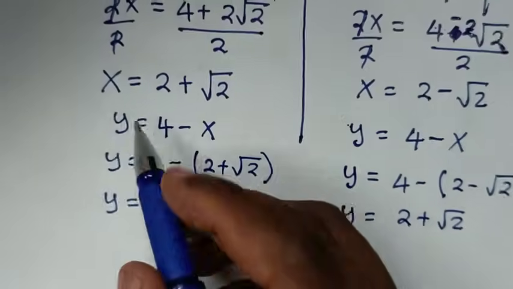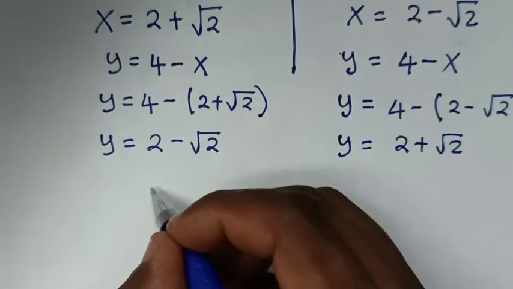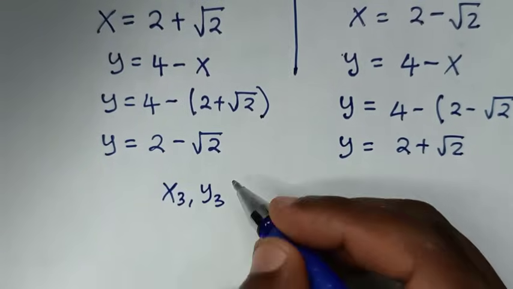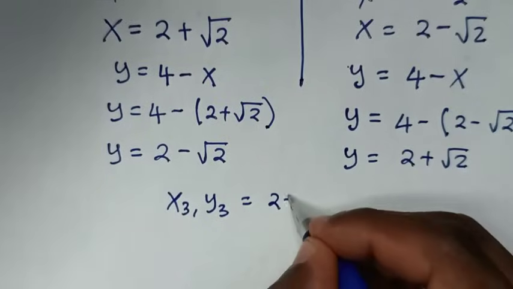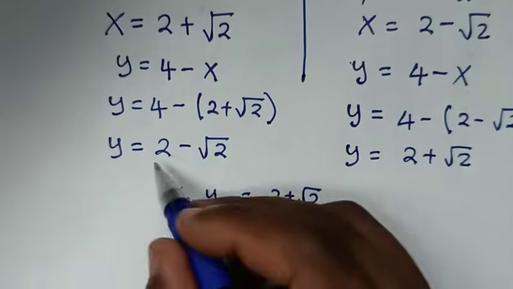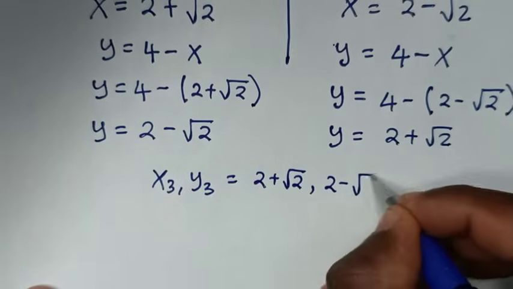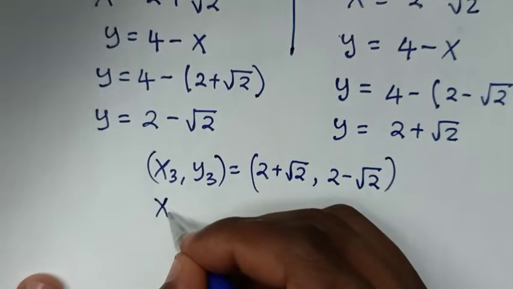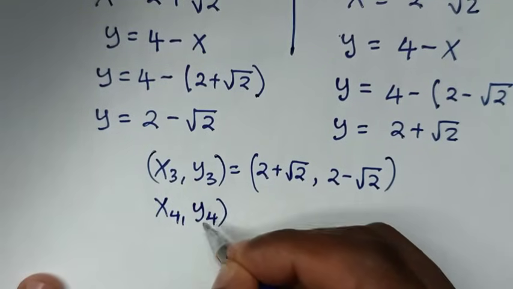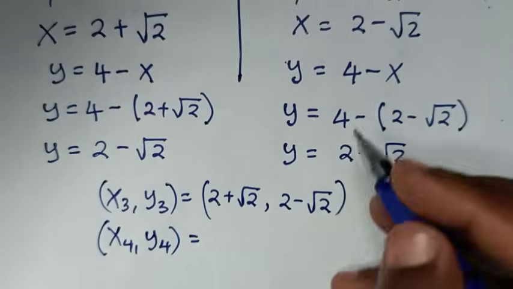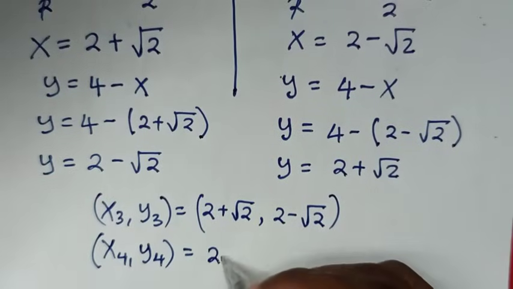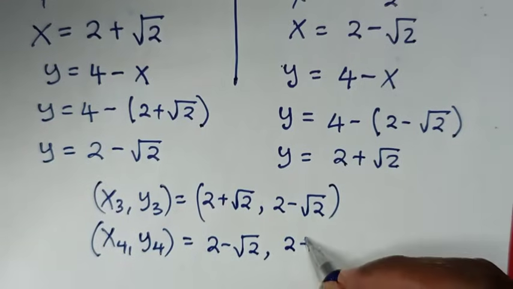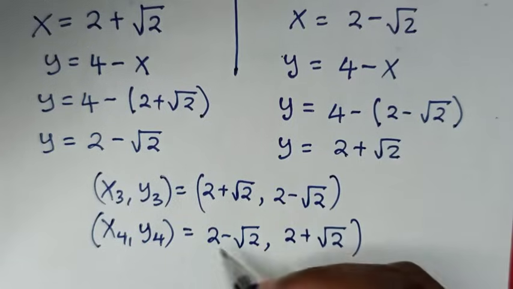Now from here x, y, so the last, this is x3, y3 is equal to x3 is 2 plus square root of 2 bracket, y3 is 2 minus square root of 2 bracket. Then x4 comma y4 is equal to x4 is this, which is 2 minus square root of 2, comma y4 is 2 plus square root of 2 bracket.